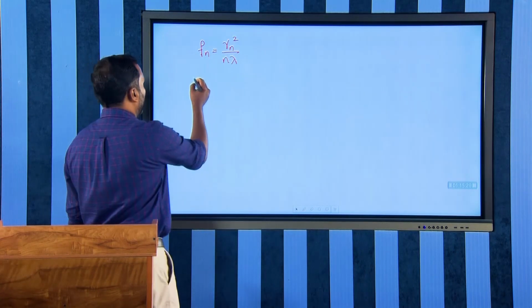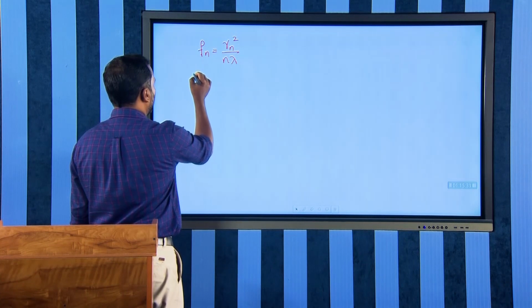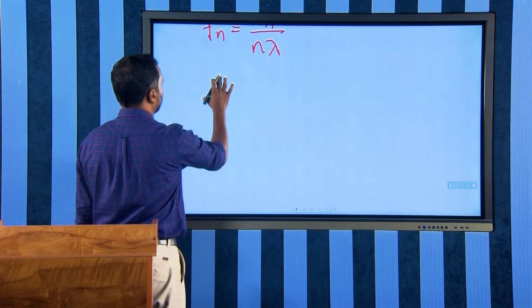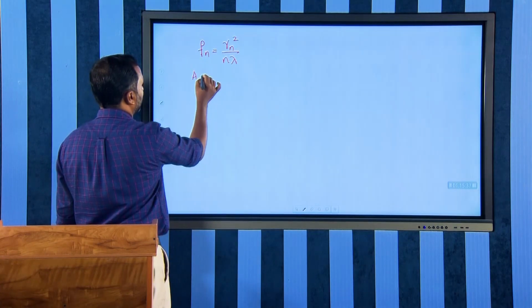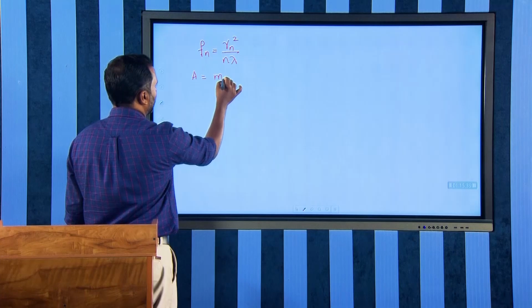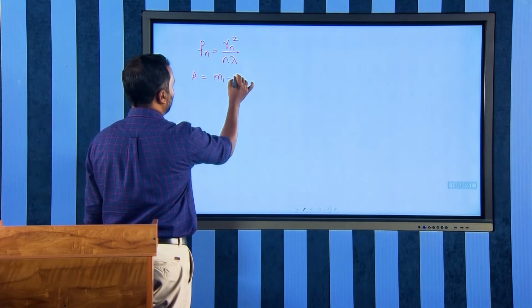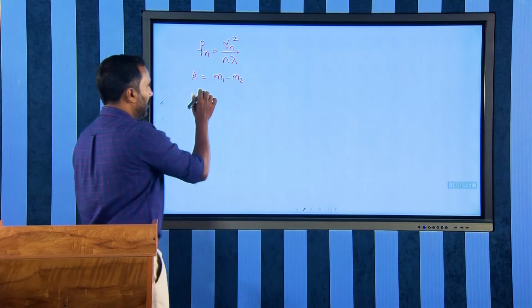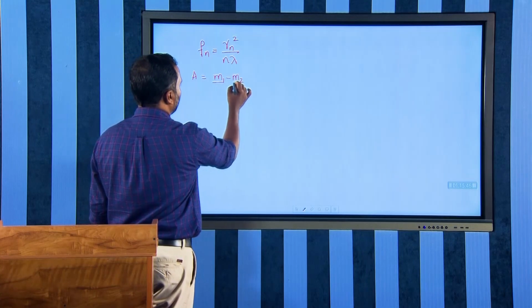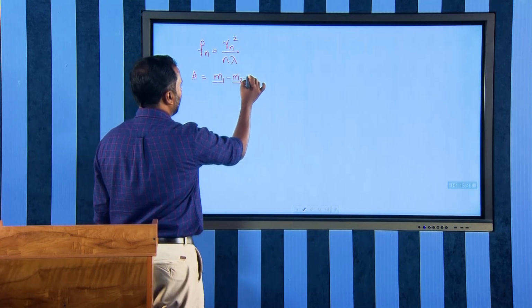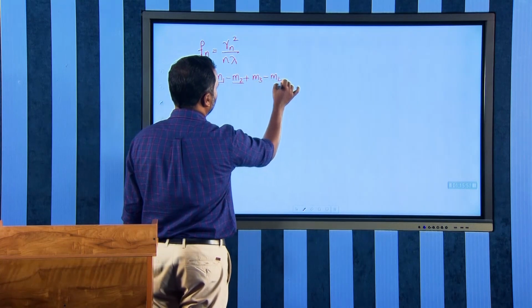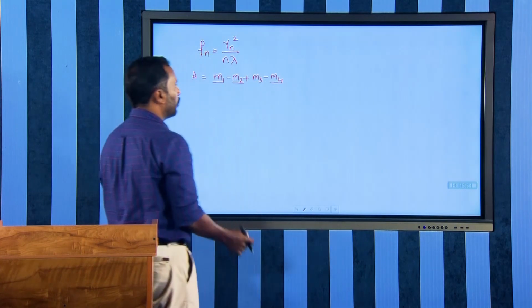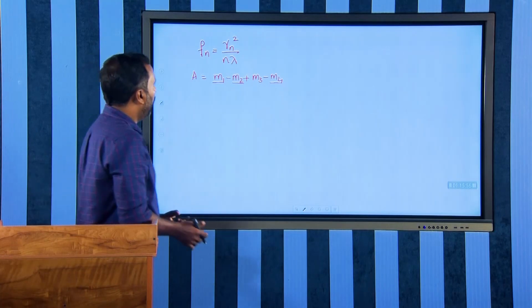That means the total amplitude A is, you remember, basically m1 minus m2, the amplitude from the first region minus the amplitude from the second region, then plus m3 minus m4, the amplitude from the fourth region which is out of phase with m3 and m1, and so on.